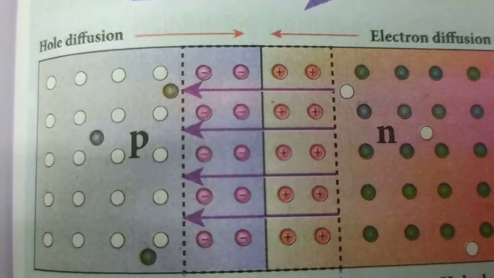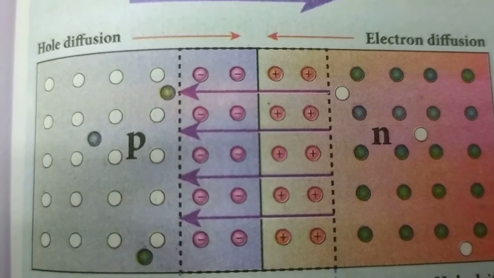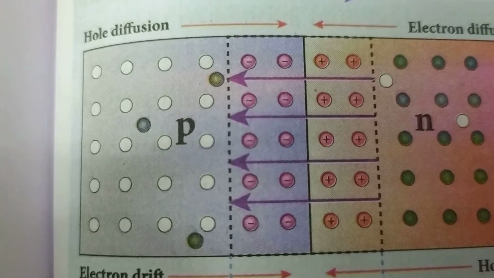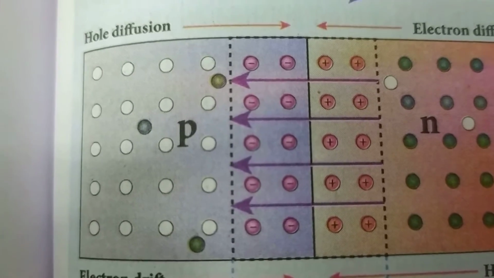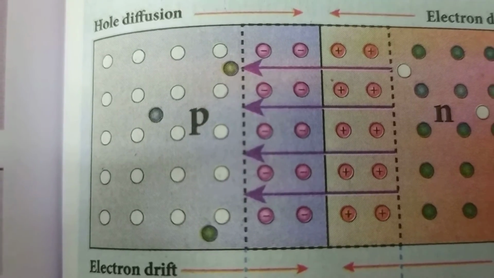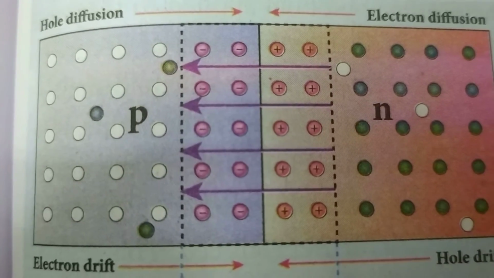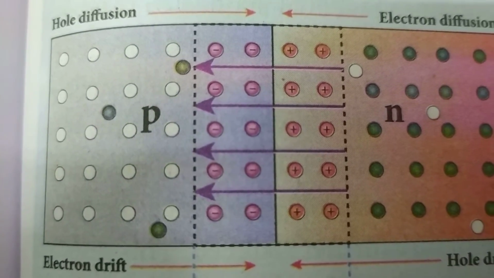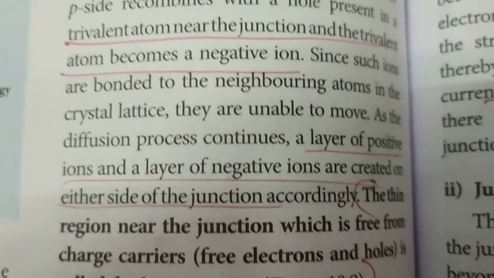So there will be negative ions near the p side of the junction and positive ions near the n side. This process will continue until an equilibrium is reached, and that we shall see now.